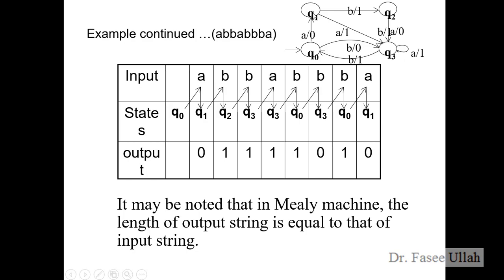At this point, for Q naught we do not have any output, because this is the Mealy machine. If it is a Moore machine, we can write the particular output here, like Q naught by 0, Q naught by 1. But for a Mealy machine we cannot write, because if we are in state Q naught, it doesn't produce anything if we do not move from this point to any other state.